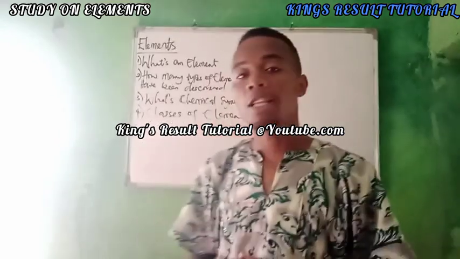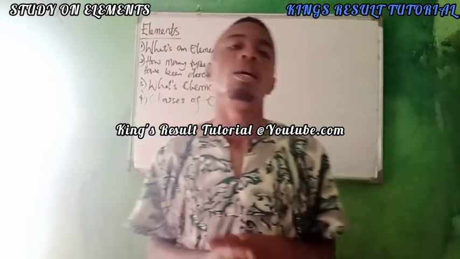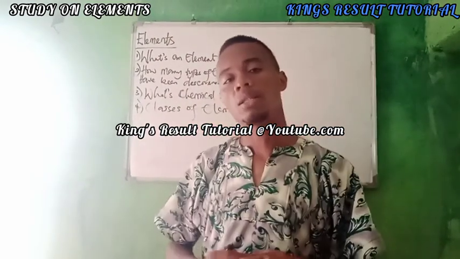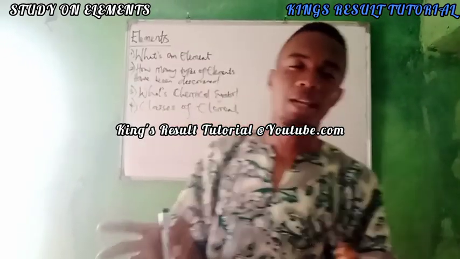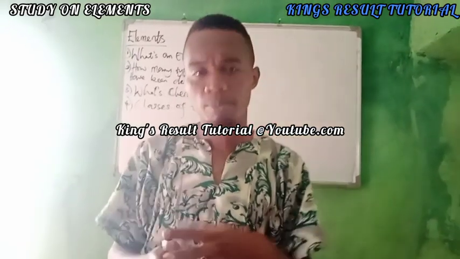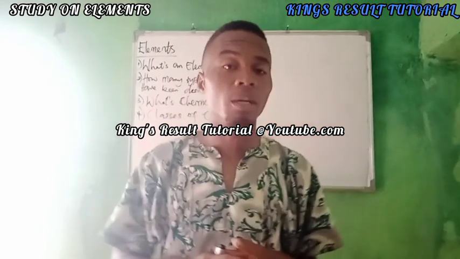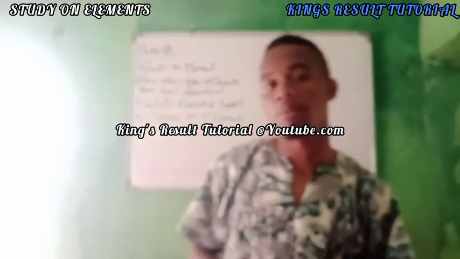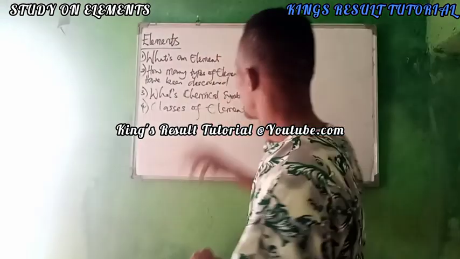The remaining elements are known as man-made or artificial elements. So that means we have about 18 of them that were formulated or developed in the lab by scientists. So in summary, we have 110 elements, and 92 of these occur naturally, while the rest are man-made and artificial.